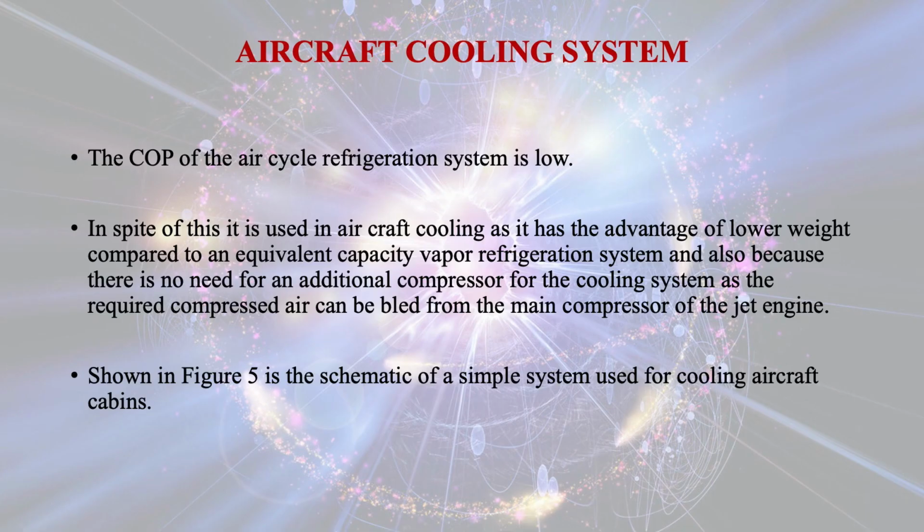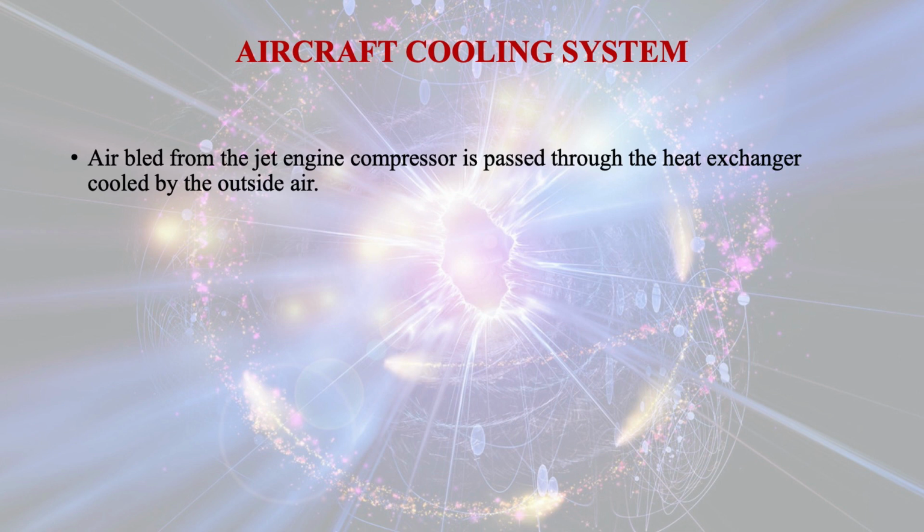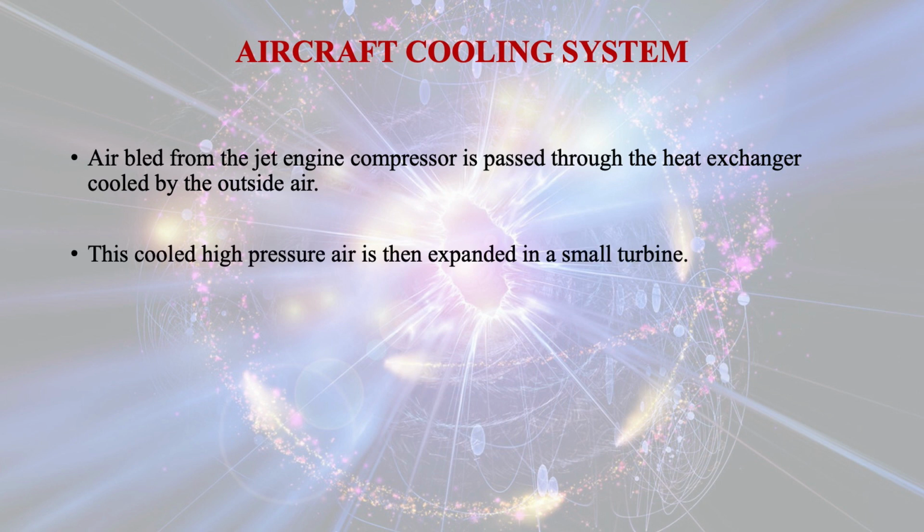Shown in figure 5 is the schematic of a simple system used for cooling aircraft cabins. Air bled from the jet engine compressor is passed through the heat exchanger, cooled by the outside air. This cooled high pressure air is then expanded in a small turbine.